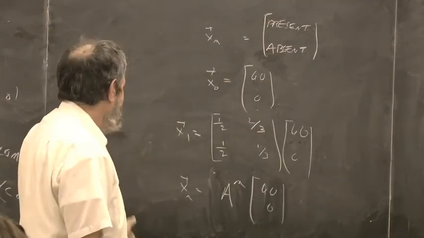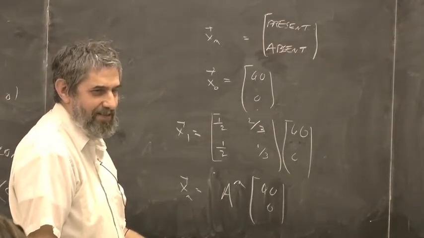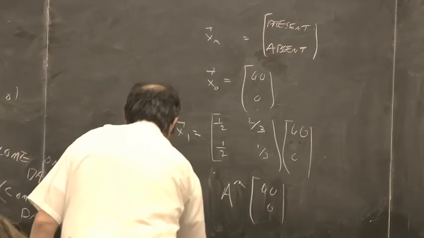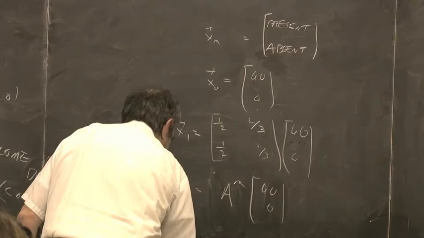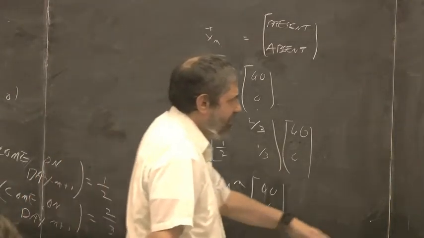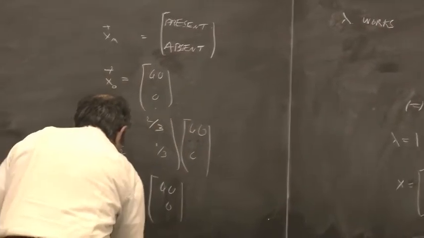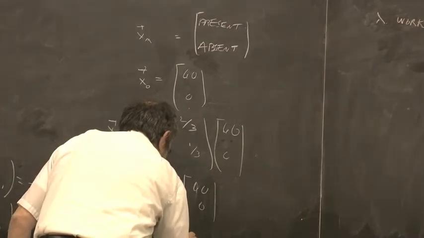And then what you really want to know, at the end of the semester or eventually, is the limit as n gets large of x sub n. Well, that's the limit of this A to the n, which is this matrix 4 sevenths, 4 sevenths, 3 sevenths, 3 sevenths.